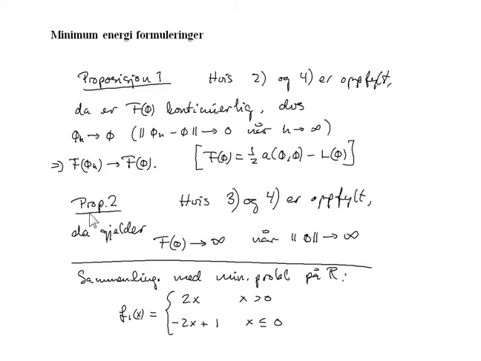Another interesting result is the following. If properties 3 and 4 are satisfied, and you know that 3 was concerning the V ellipticity of this functional, and 4 was connected to the continuity of the linear form L, then f of phi turns to infinity when the norm of phi turns to infinity.